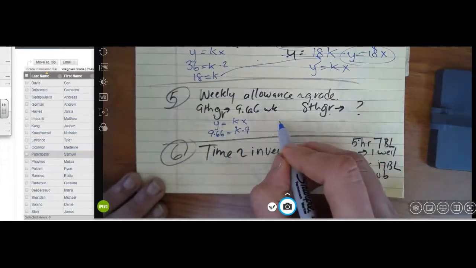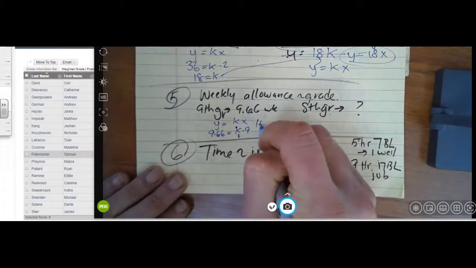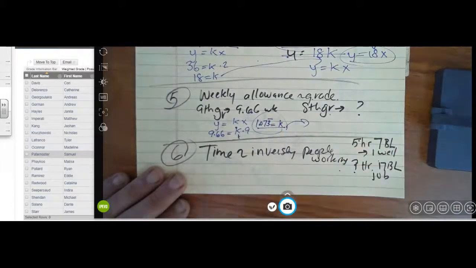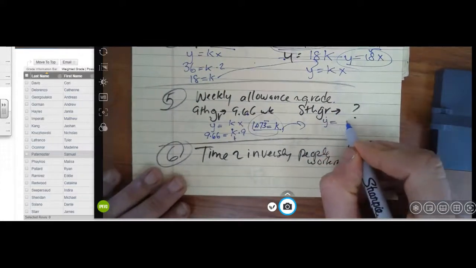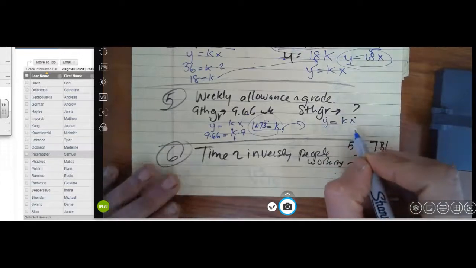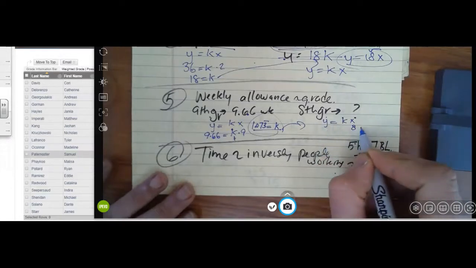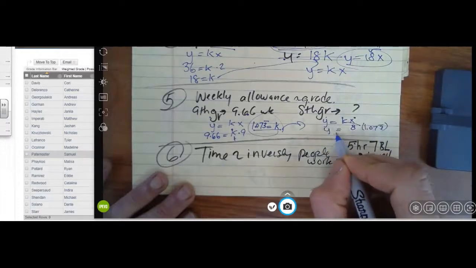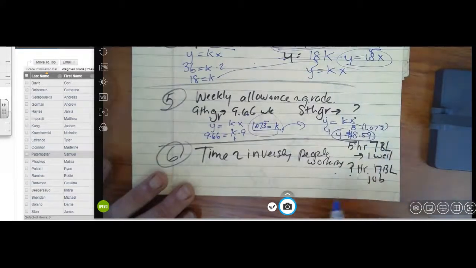Then we solve for k, and we get k is equal to 1.073. That's what k is, and then we use that to find how much allowance an 8th grader would make. The y value, how much allowance, is equal to k times x. In this case, x is 8 for 8th grade, and k is 1.073 repeating. We multiply that out, and we get y is equal to $8.59 if you round it to the nearest cent.